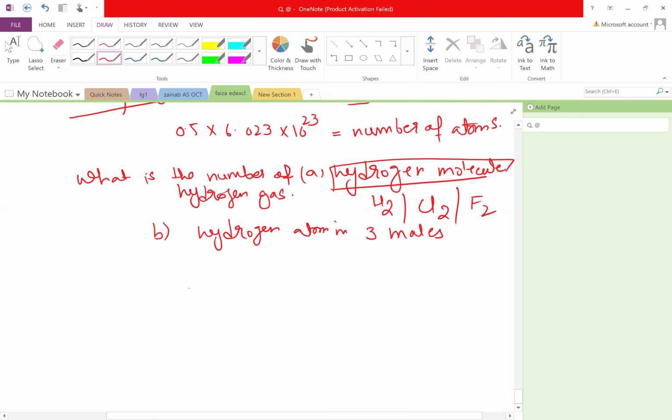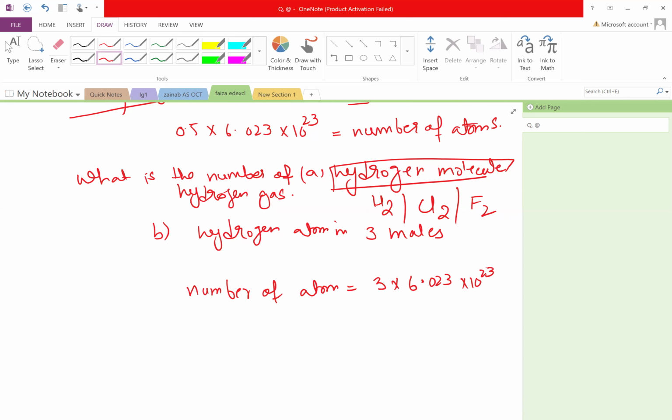That means the number of hydrogen gas means hydrogen molecule. So number of atoms is equal to 3 into 6.023 into 10 raised to power 23. Isn't it? This will be in this form.